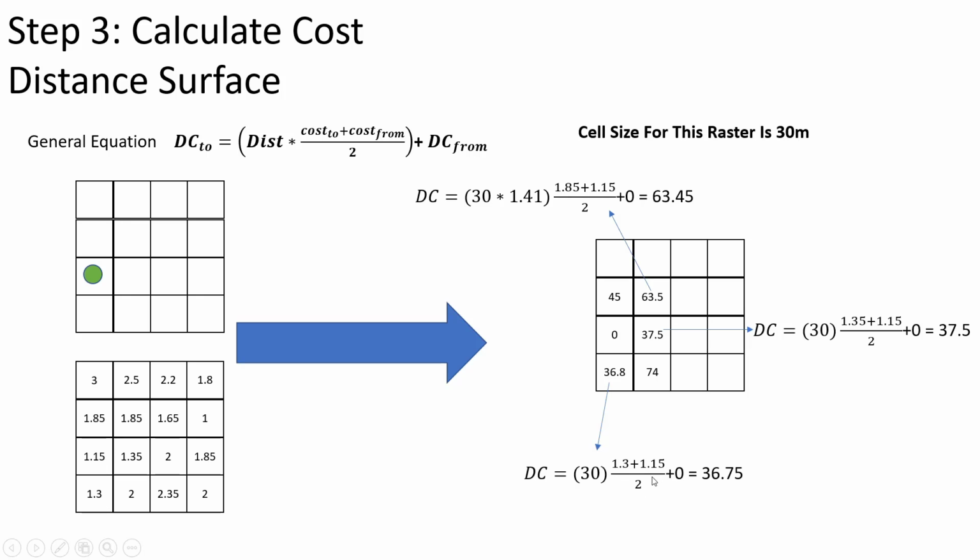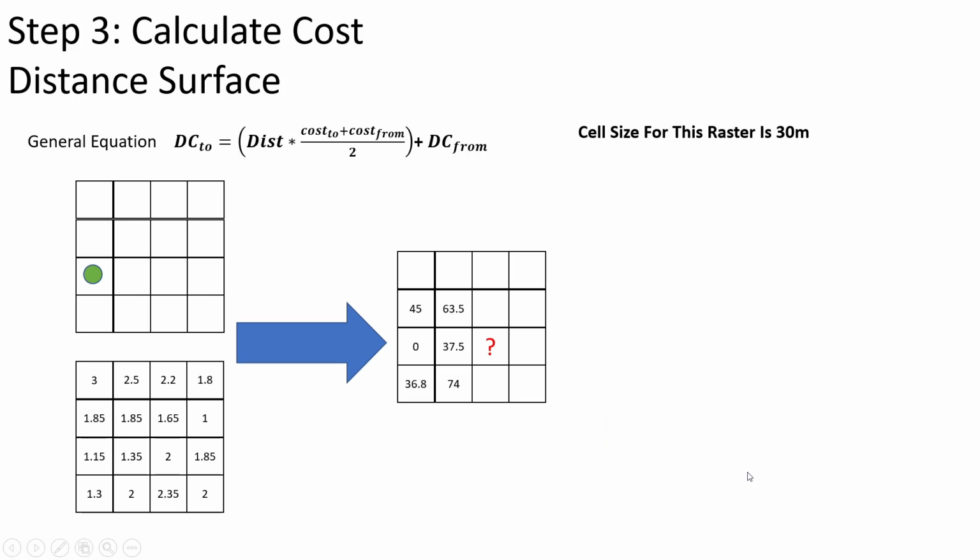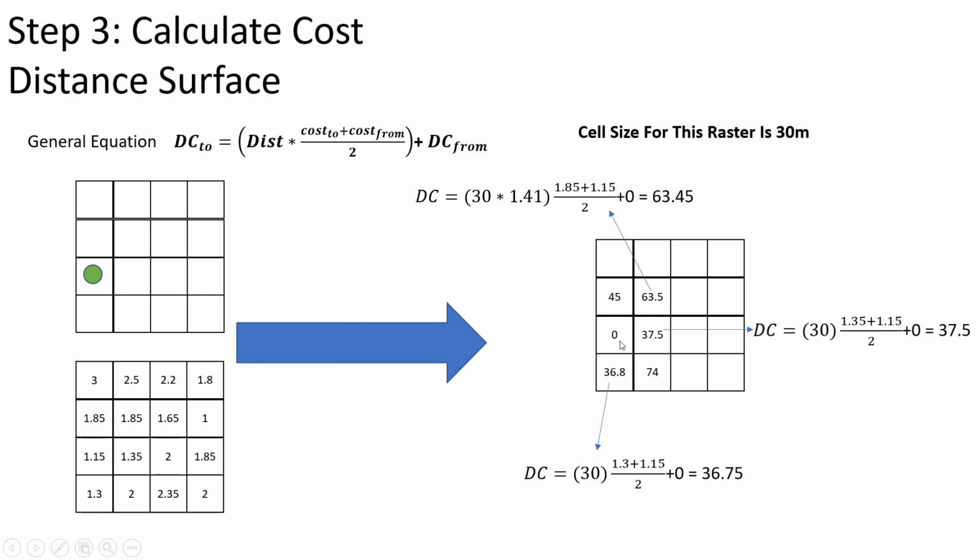Again, we're taking the average, and then we're adding the cost from. Again, by default, this cell doesn't have a cost, so we're adding 0 there. If we do that, we get 36.75. The cost of going from this cell to this cell is 36.75, and I rounded it to 36.8.